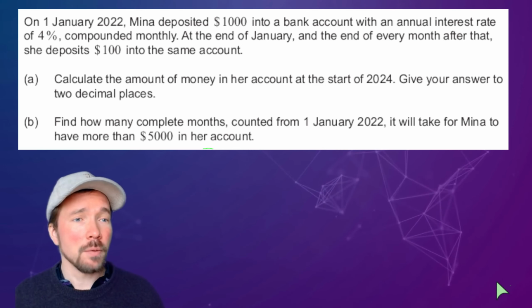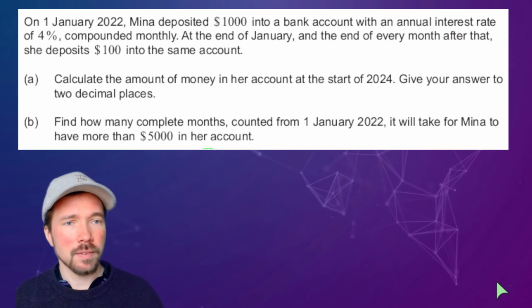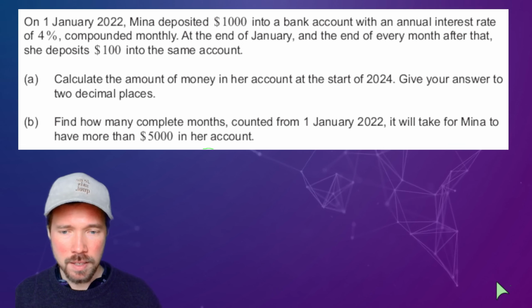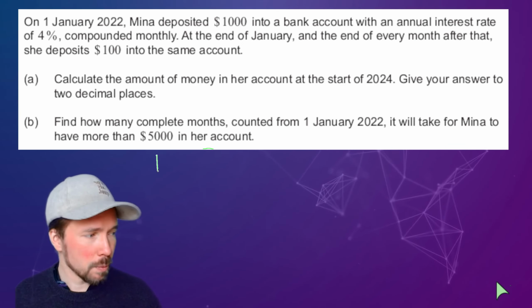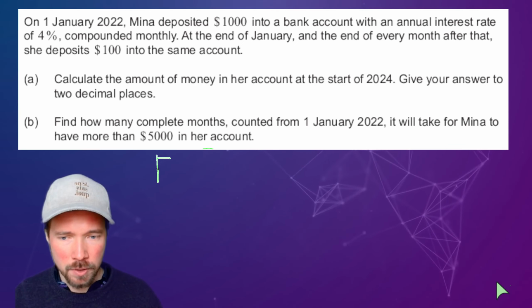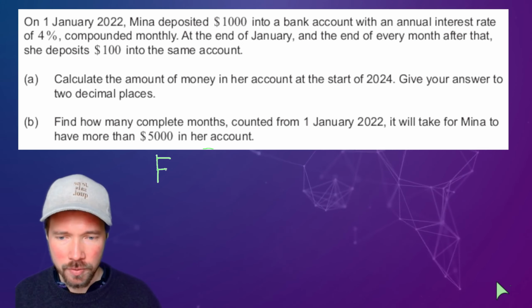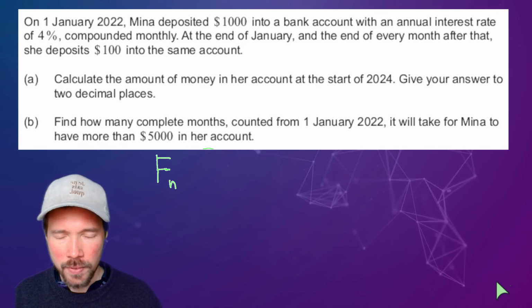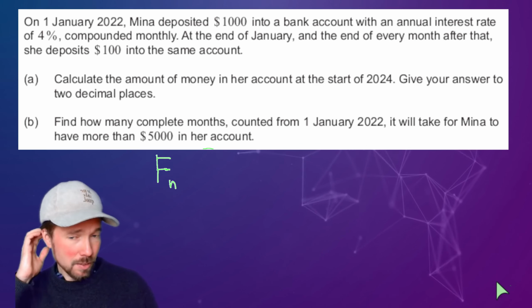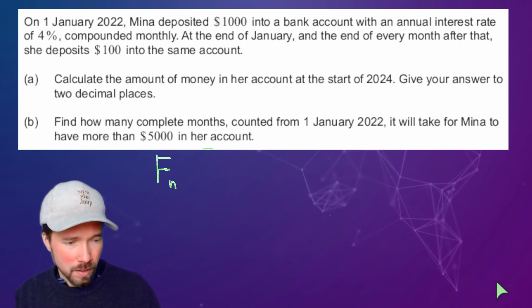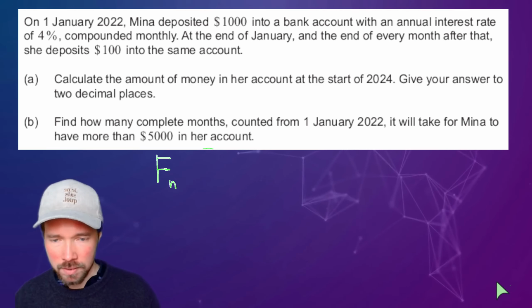So what I'm thinking the first thing when I see this, is that we would have to come up with a formula. I'll just denote it by F, F for formula, of n, Fn. So how much money is there after n months?